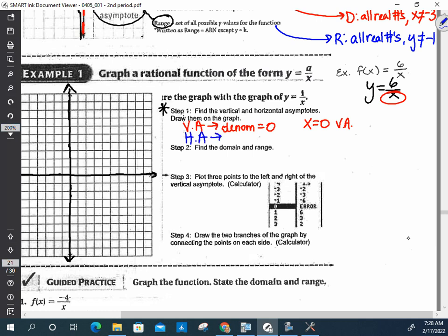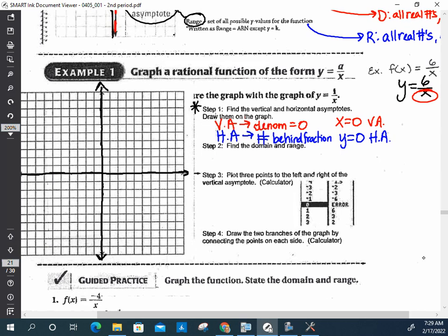For the horizontal asymptote, remember, look for the number behind the fraction. There's no number sitting behind the fraction, so since there's no number there, y equals 0. So there's your vertical and horizontal asymptotes. That's step 1.